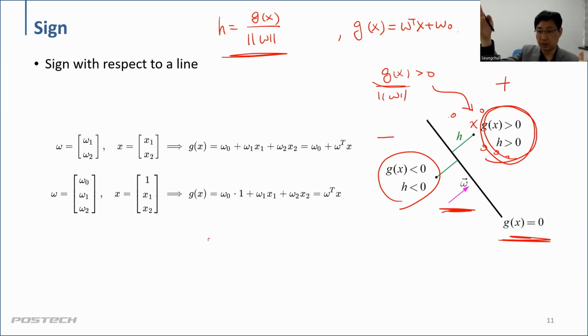That's the way we set up the mathematical expressions. Whether this one is positive or negative really depends on the direction of omega. If it goes that way, it's going to be positive; the other way, it's going to be negative.